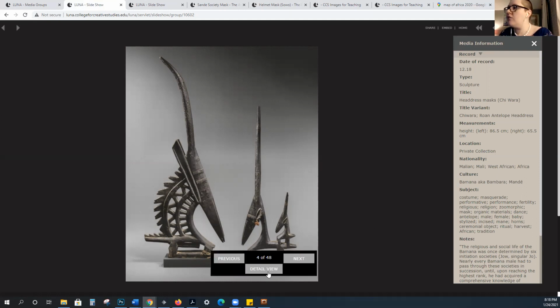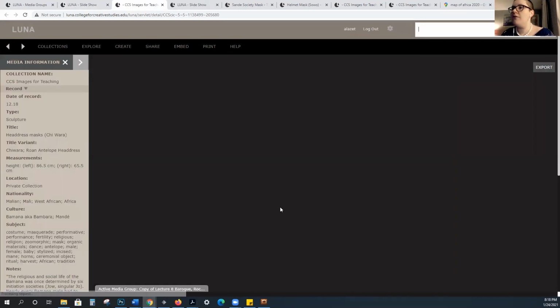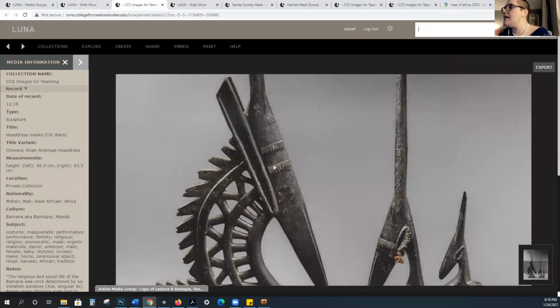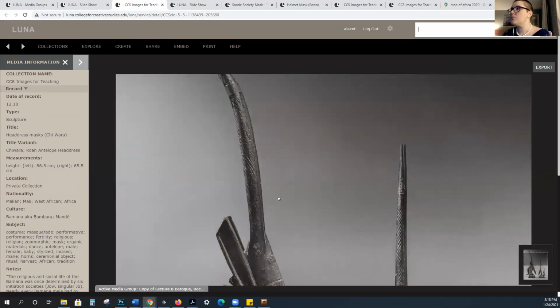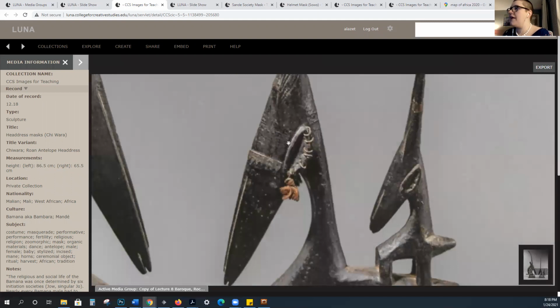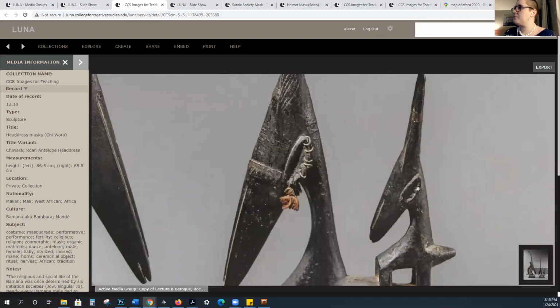So you can see that there is some scarification on these faces. Okay, so you can see some scarification here on the forehead. Right, so this is a human characteristic. You can see scarification here, as well as, excuse me, decorative piercings on the ears.